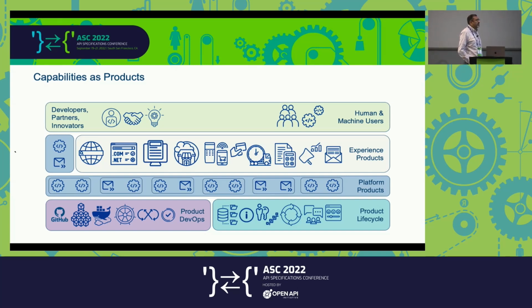On top of it, we have experience products that are not mobile or web applications. They are not specific applications. These are APIs or events that are closer to the applications that would be consuming them.